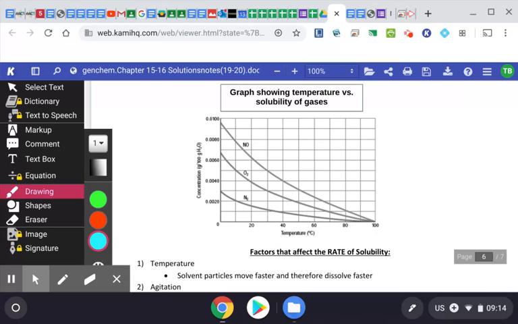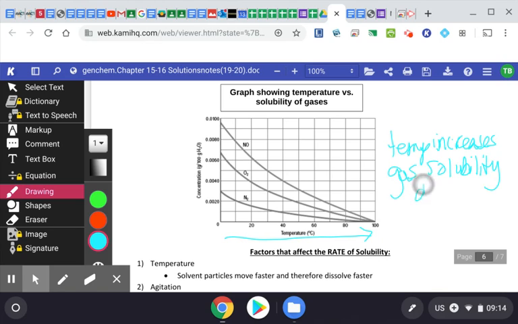Now, this graph here shows the effect of temperature on the solubility of gases. As the temperature is increasing, the gas solubility decreases here. You can see that they all decrease.